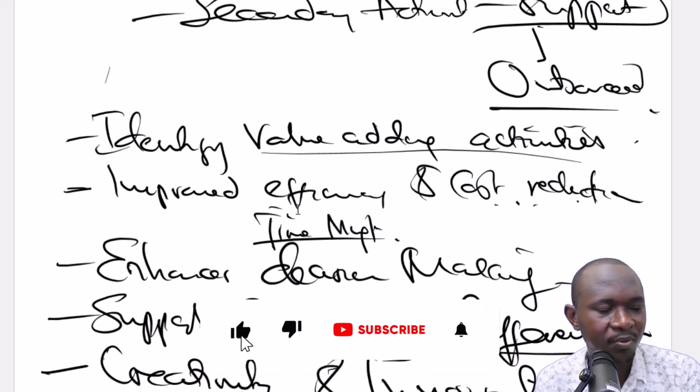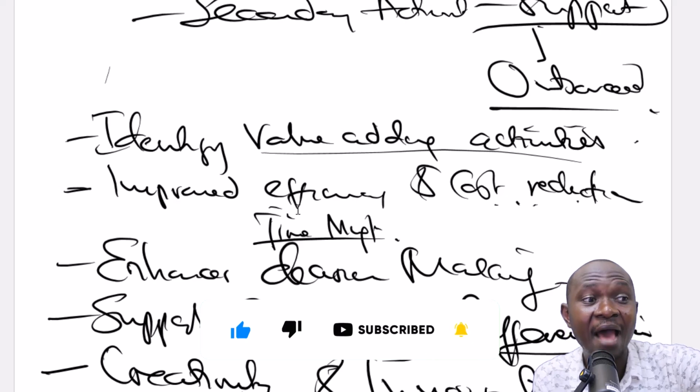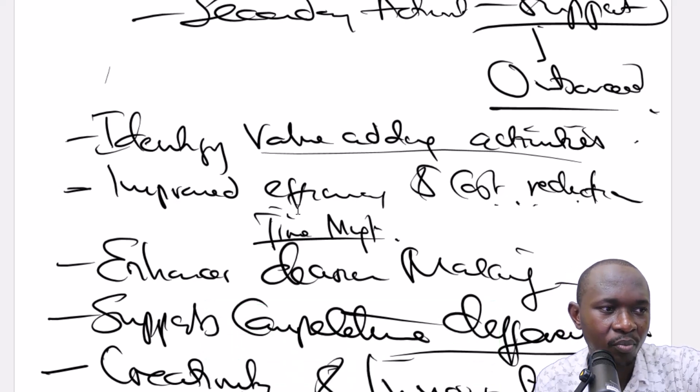So if you are an expert in this field, chances of you being creative and coming up with innovative decisions are very high compared to people who are not experts.